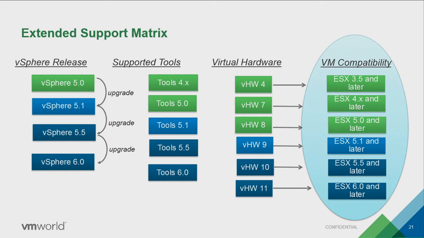Tools from ESX 6 can run all the way back on ESX 5 or even 4, in case you have that in your inventory. This gives you a great degree of portability in your environment with respect to tools and virtual hardware, and really softens the blow as to when you have to actually upgrade your tools.